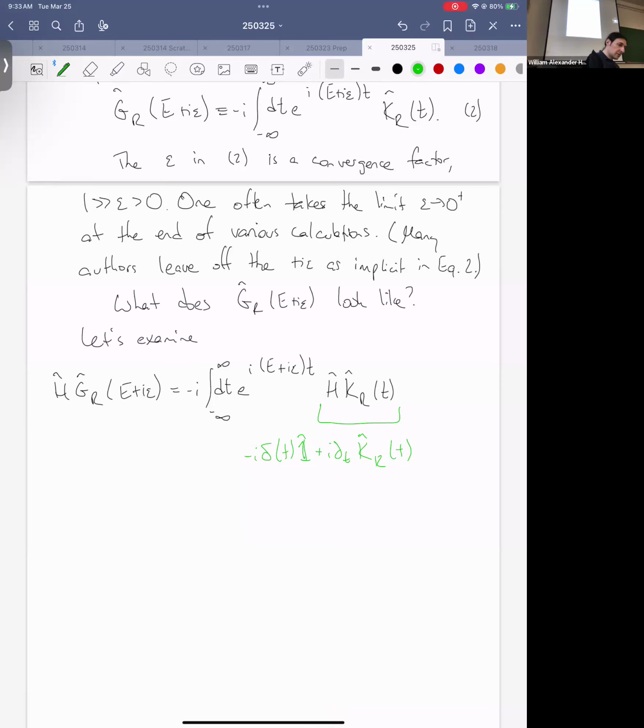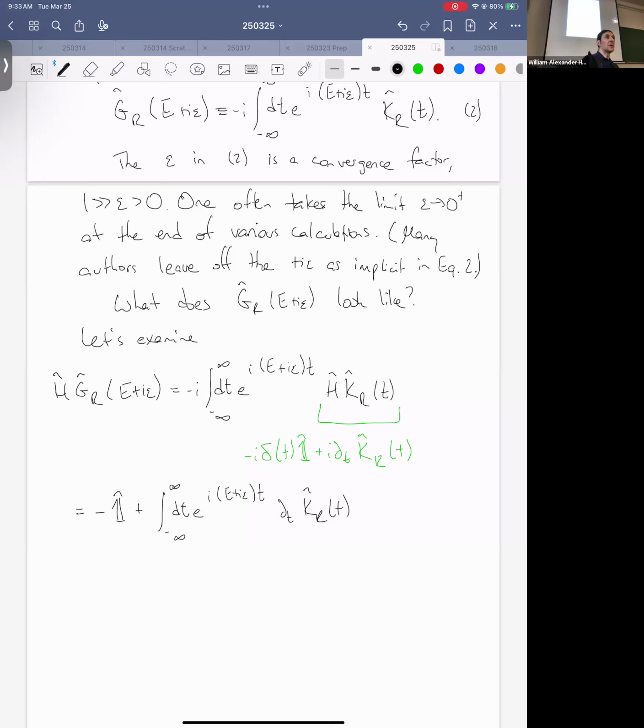Okay, so it's easy enough to evaluate the delta function with time. And so we just get a minus identity from the first term. And we get plus an integral from minus infinity to infinity dt e to the i (E plus i epsilon) t partial t retarded propagator operator.